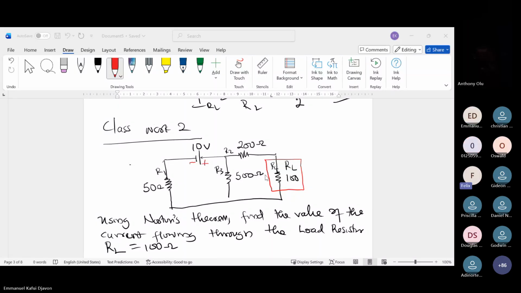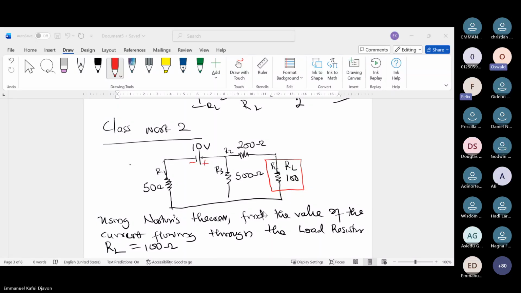If I use the R1 and the R2, I got 142.86 for the total at that side. Before I added R1 to it, that's when I got the 192 point.